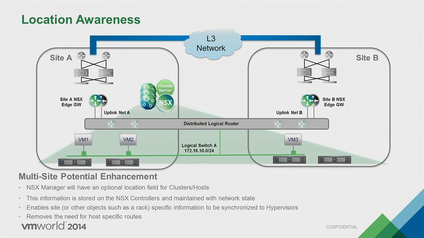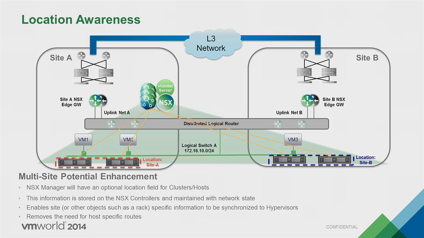So we'll store the location ID up here in NSX Manager, and then it will be synchronized to the NSX controllers. This will give us the advantage of per-site specific configuration that the controllers will synchronize to the hypervisors. The controllers will be aware of which hosts are in a specific site, and we can push the routing information down from the controller, so there's no need for that init script workaround.